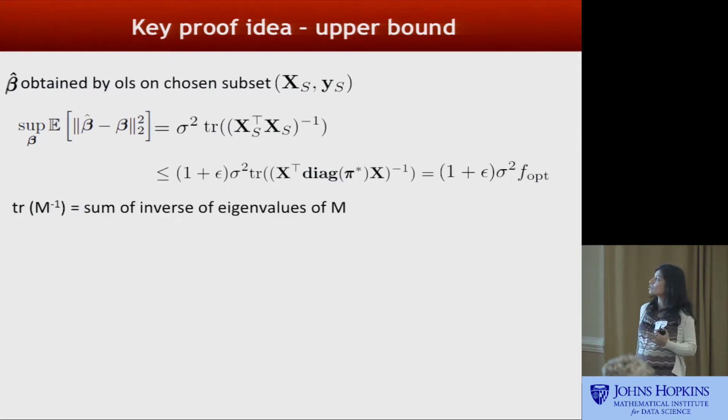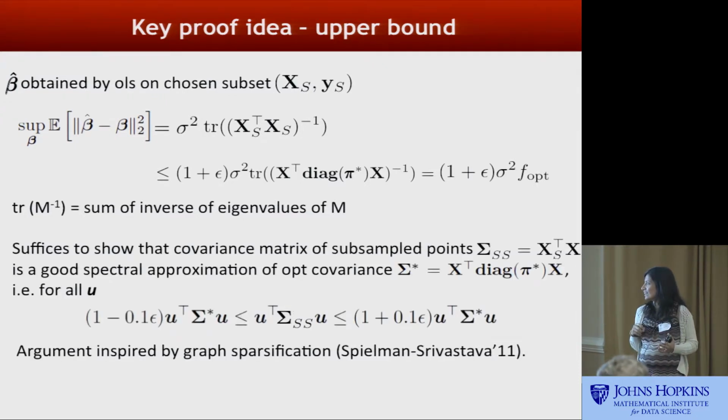And notice that the trace of the matrix inverse is the sum of the inverse of the eigenvalues, right? So as long as I can show that the eigenvalues of this matrix are close to the eigenvalues of this matrix within 1 plus epsilon, you have your result, thanks to Joel, right? So we actually did that. We also went back and looked at the work by Spielman and Srivastava, and some improvements over that since then.